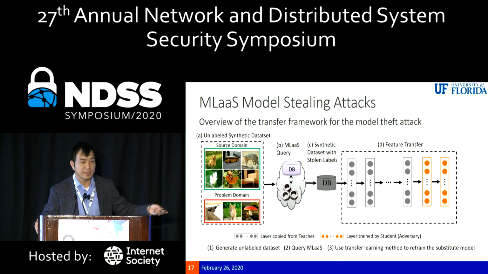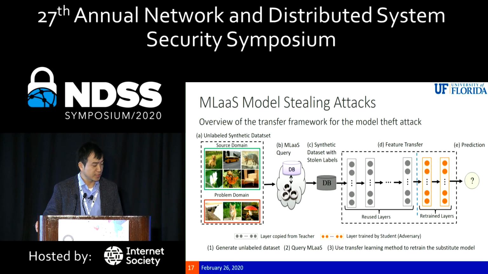Some of the layers are fixed, some of the layers are adjusted, because we know that this small set of examples is not sufficient to train the whole DNN from the beginning. In fact, that's not our goal. So what we do is just find a local substitute model and switch a few layers on it. For switching a few layers, our data should be sufficient. And then we get the prediction result.